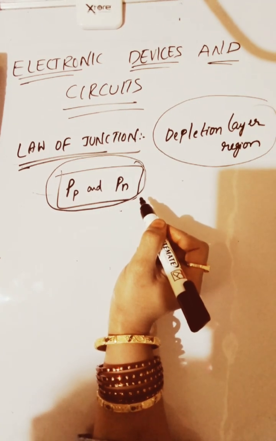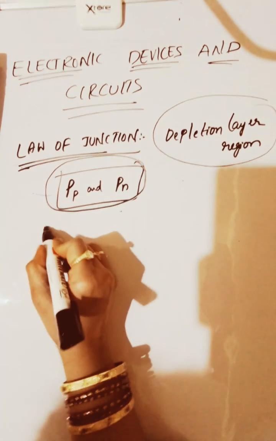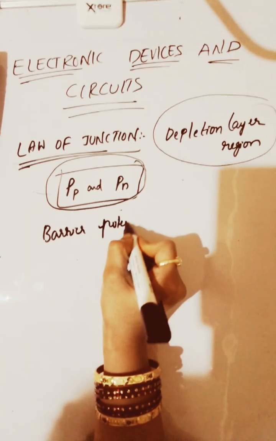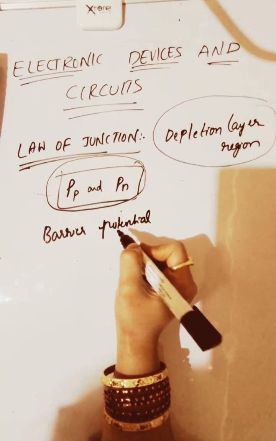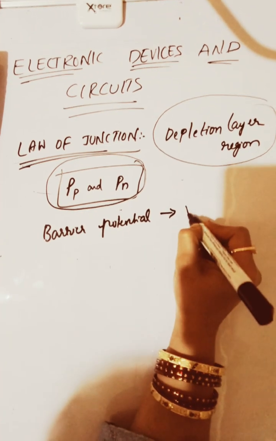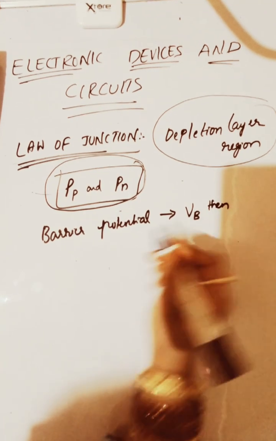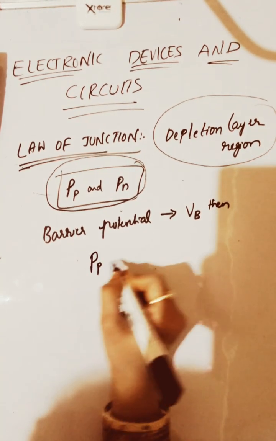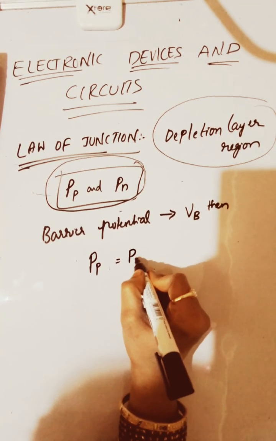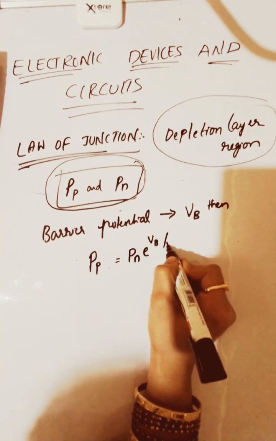If the barrier potential across this depletion layer, or barrier voltage, is VB, then PP, the concentration of holes in the P type material, is equal to PN e to the power of VB by VT.